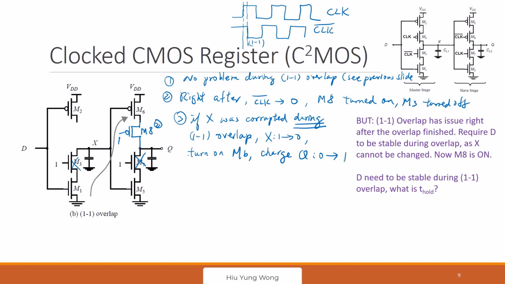Then you corrupt the Q. So 1-1 overlap is a problem, but it's not during the overlap. It's once after the overlap, then it has effect to charge this from 0 to 1.